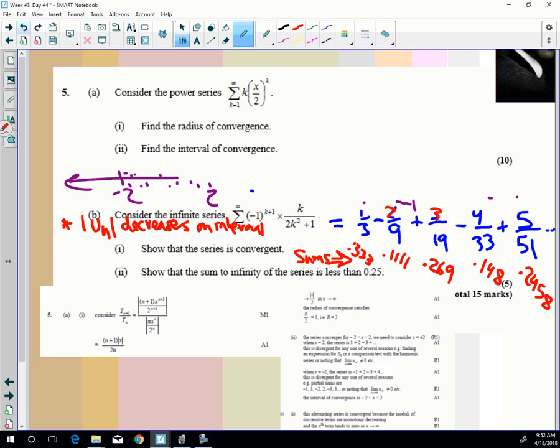And then just take the limit as n goes to infinity, ignoring the alternating. k over 2k squared plus 1, what's that going to be? k over 2k squared. That'll just go to 0. Therefore, the alternating series converges by definition.